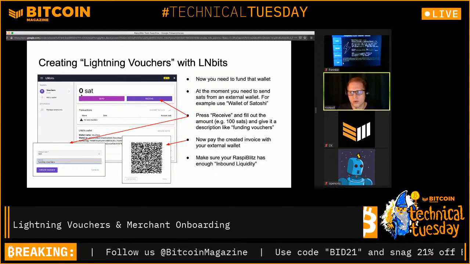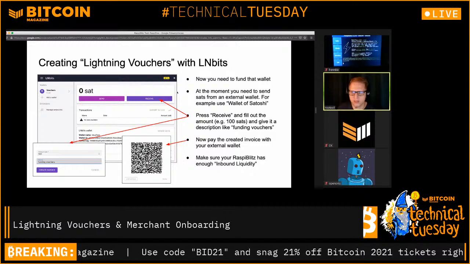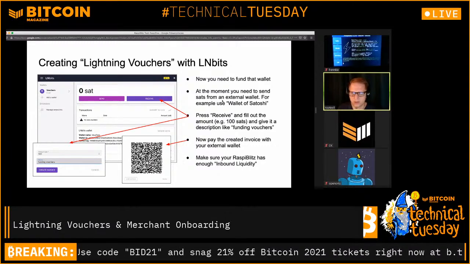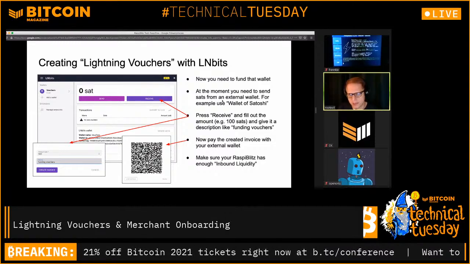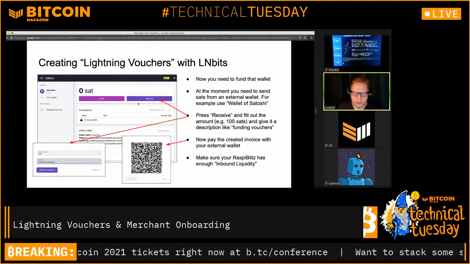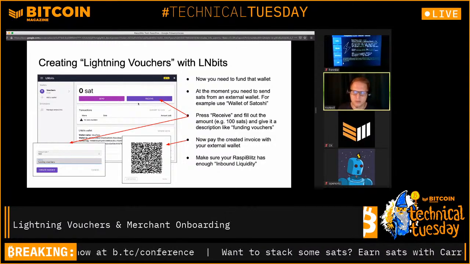So what you need to do is send from an external wallet, maybe one you have on your mobile phone. You can simply use a wallet like Wallet of Satoshi. You send from your main account to there some satoshis, and then you send them back to this LNbits wallet. It's hoped this will get easier in the future, but it works.